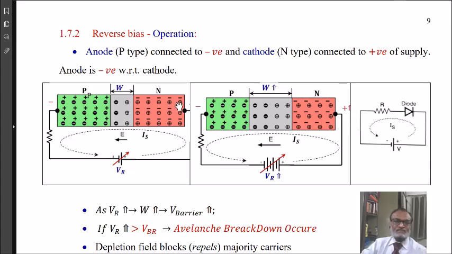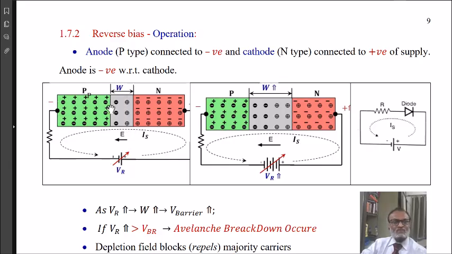What will happen? The electrons from the N side are now attracted towards the positive terminal. So electrons are moving away from the junction, and when they move, they uncover positive ions near the junction as shown here. Whenever voltage is increased, more and more atoms are uncovered and become positive immobile ions near the junction.